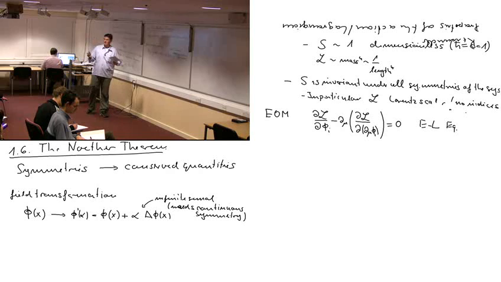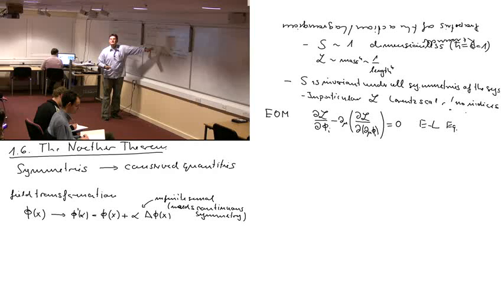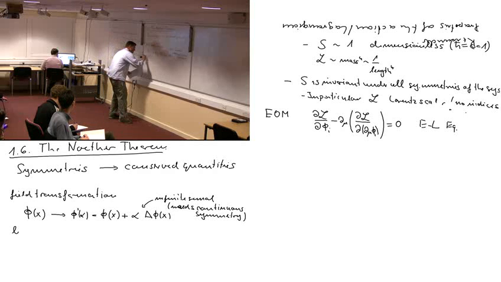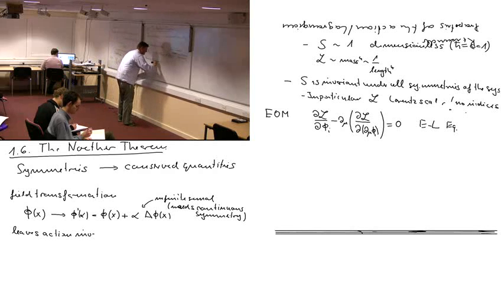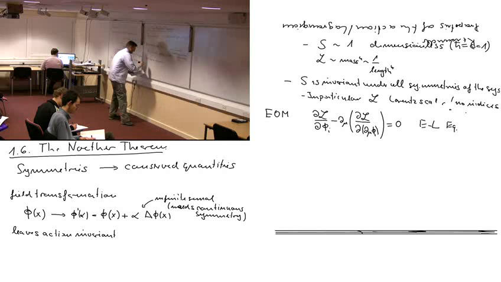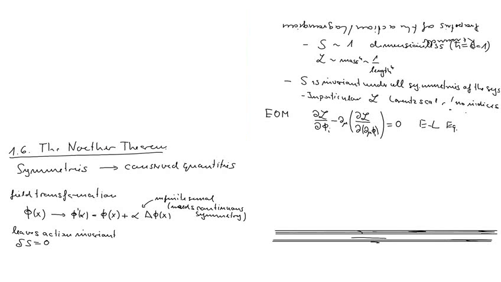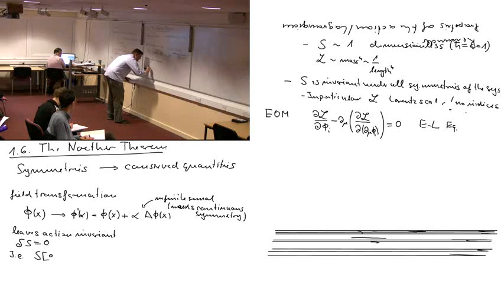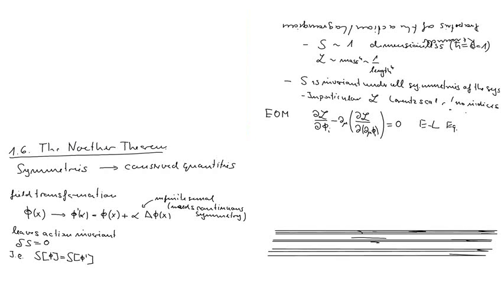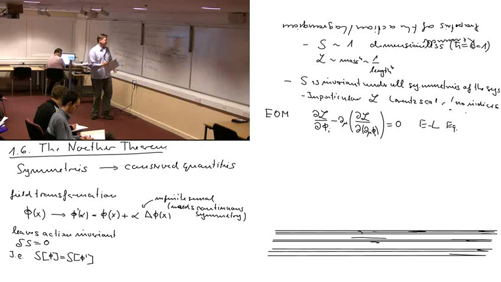Our definition or our idea of a symmetry, we turn it around and say a symmetry is a field transformation that leaves the action invariant, meaning delta S is equal to 0, or more precisely, S of phi is equal to S of phi prime. So that is how we define a symmetry.